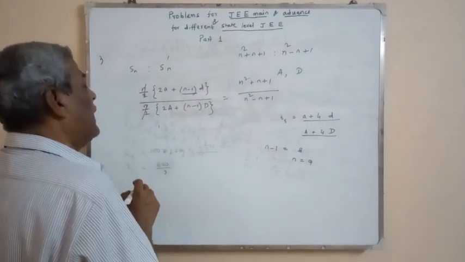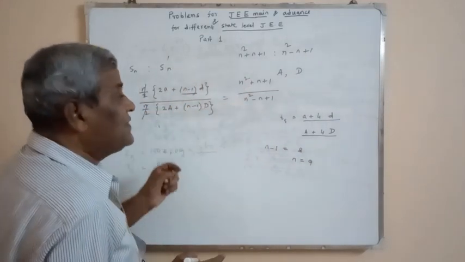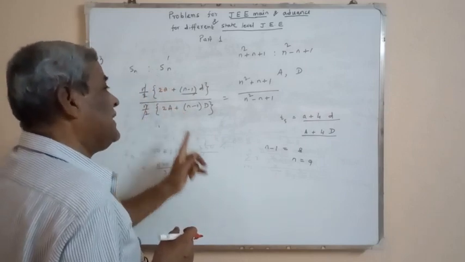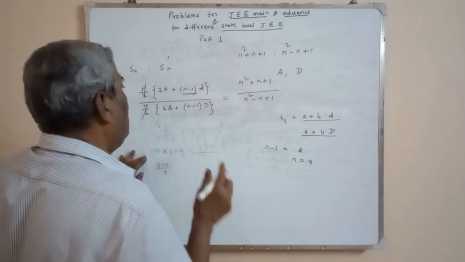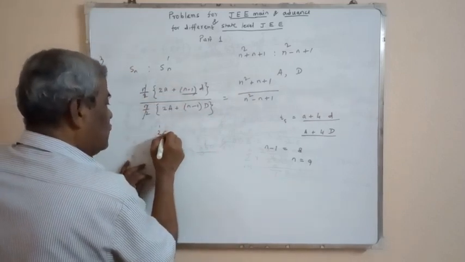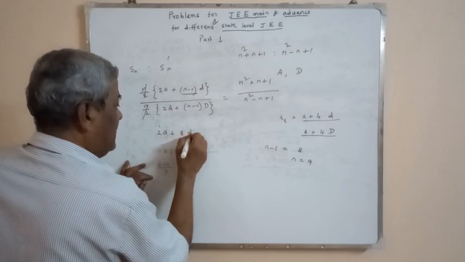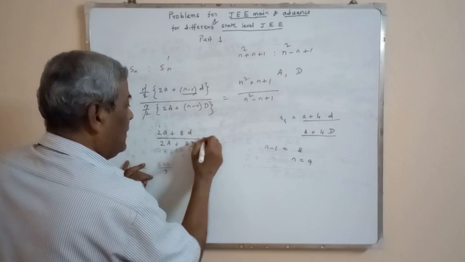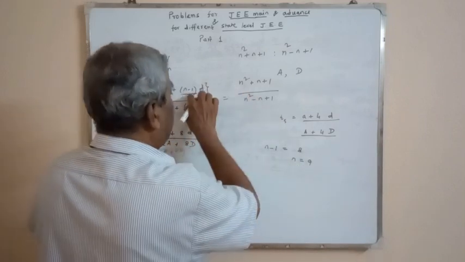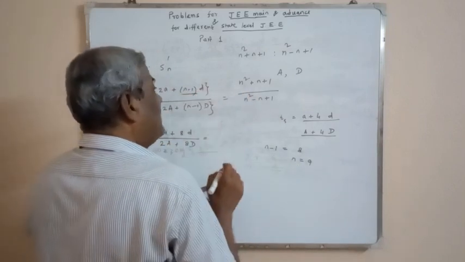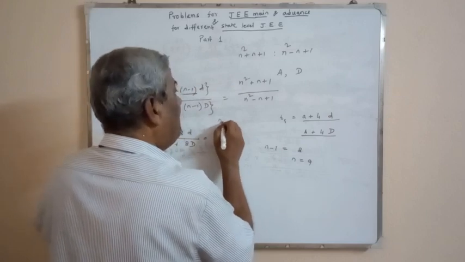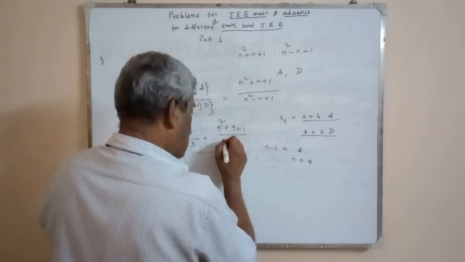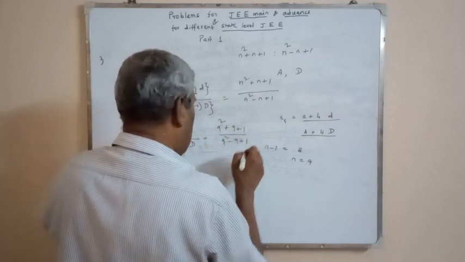Put n equal to 9, and it is an identity, so putting n equal to 9 in the left hand side and right hand side, equality will hold. So 2a plus 8d by 2 capital A plus 8 capital D is equal to, with n equal to 9, (9 square plus 9 plus 1) by (9 square minus 9 plus 1).